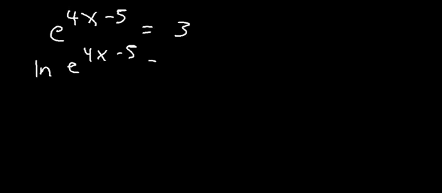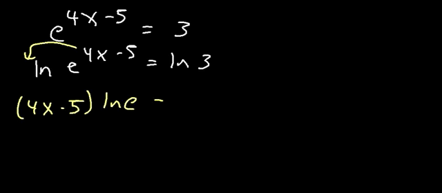Let's try this problem. e to the 4x minus 5 is equal to 3. We're going to start by taking the natural log of both sides, and we're going to move this to the front. So 4x minus 5 times ln e, which becomes 1, is equal to ln 3.